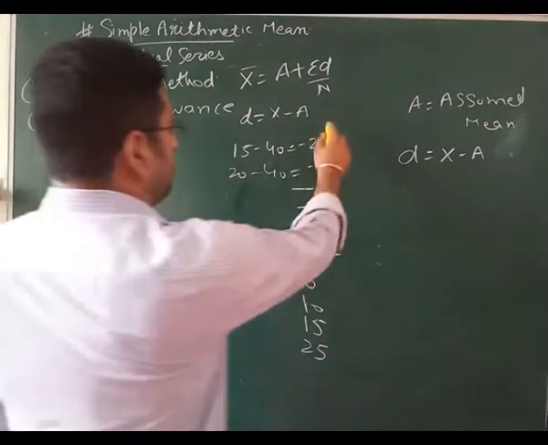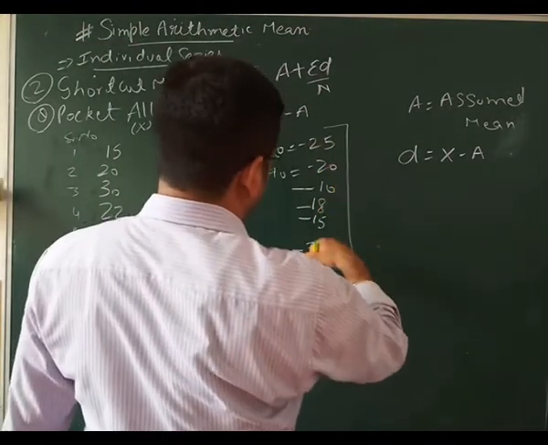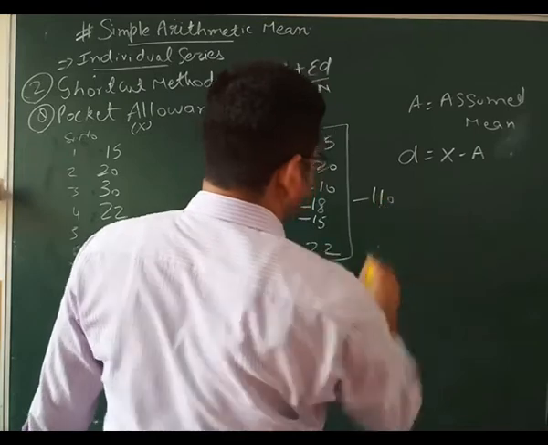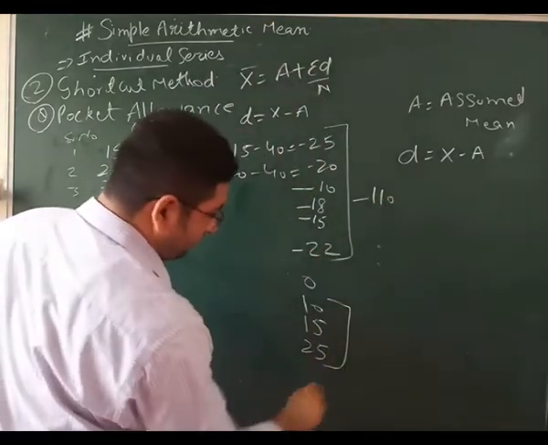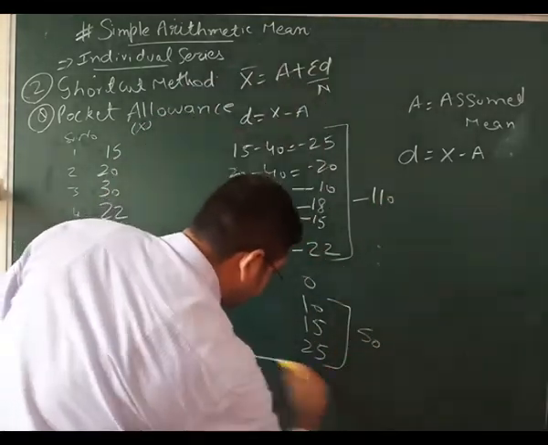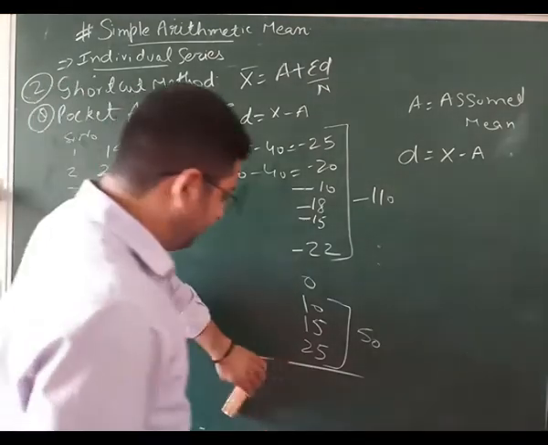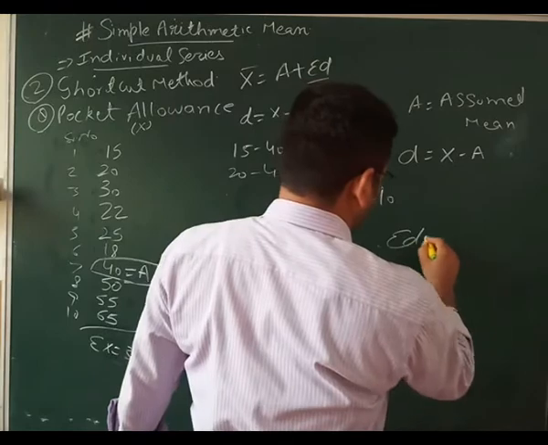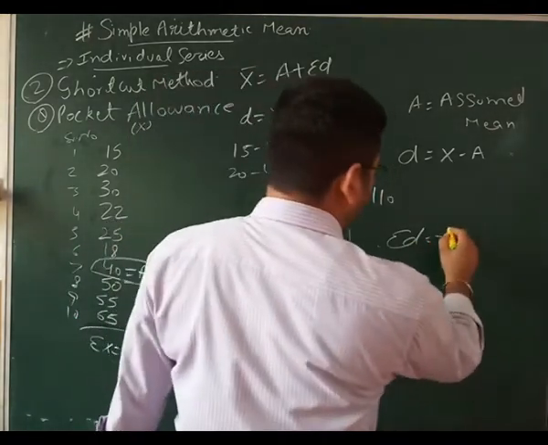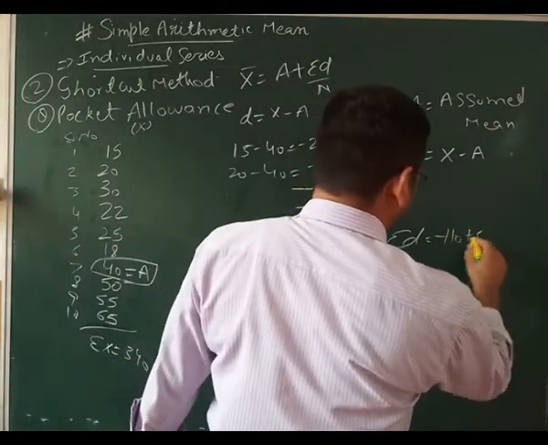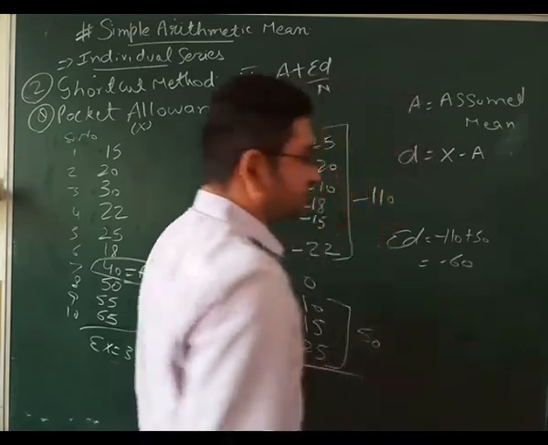So the total here comes out to be minus 110 and here it comes to be 50. So my summation d, I am writing over here, summation d is equal to minus 110 plus 50, which is equal to minus 60.